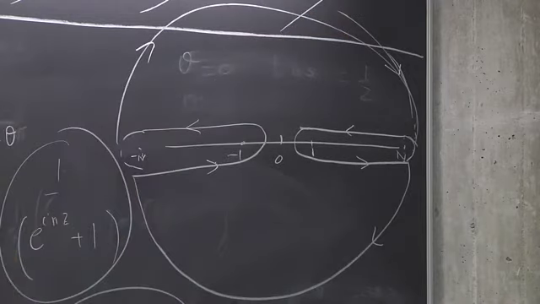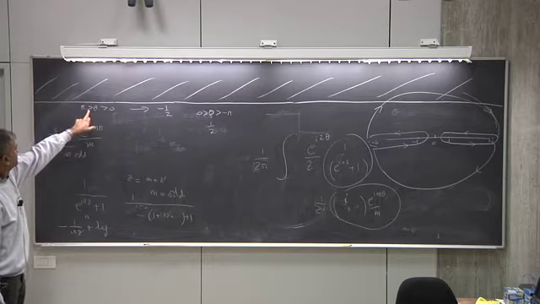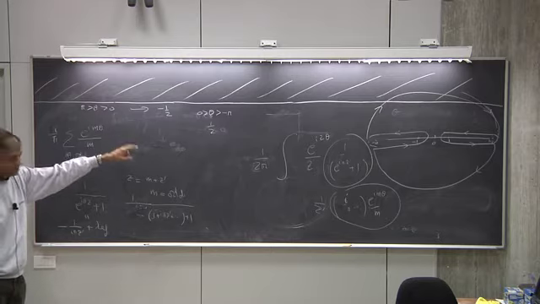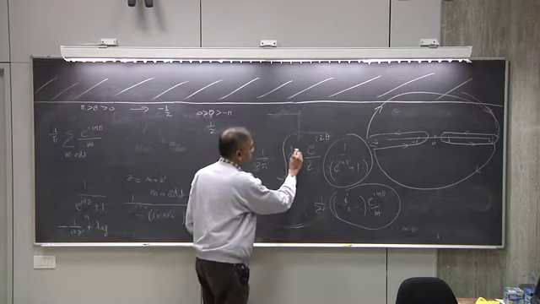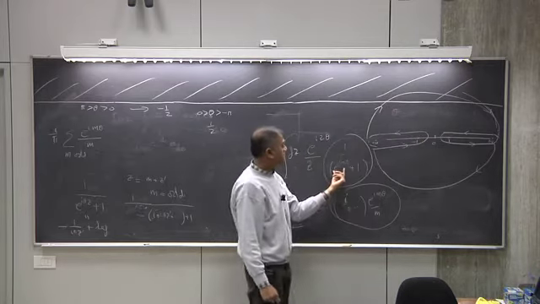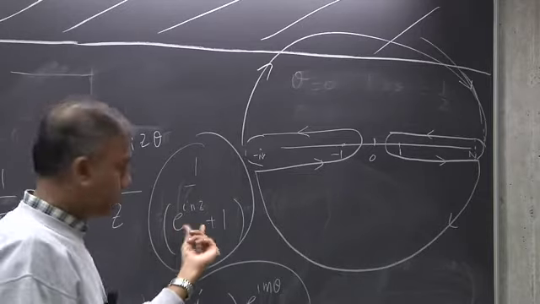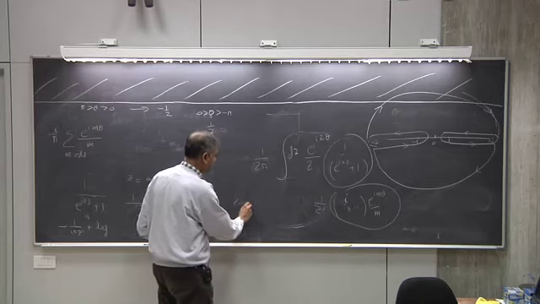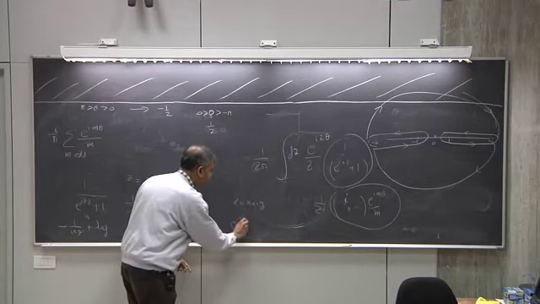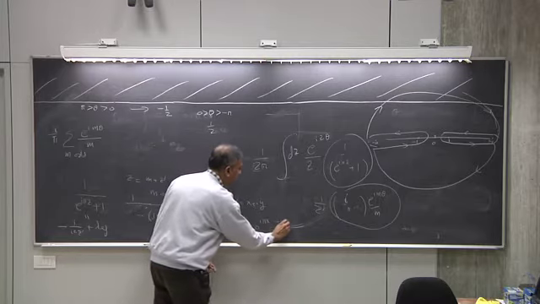So let's see, does it make sense? Well, this is true in this range. If theta is strictly between 0 and pi, this is indeed true. Because up here in this part, e to the i pi z is exponentially suppressed, right? Because z is x plus iy, so e to the power of i pi z is the same as e to the i pi x times e to the minus pi y.